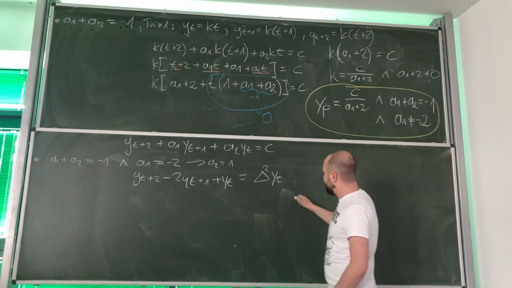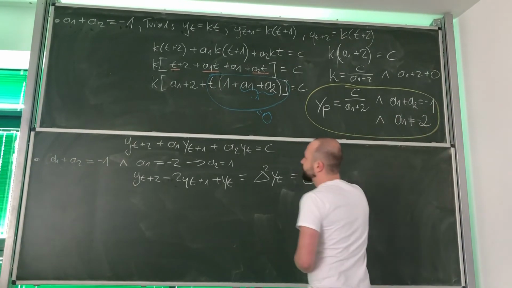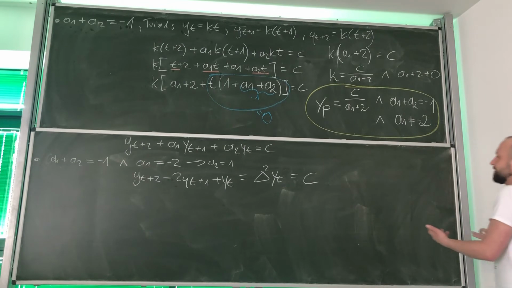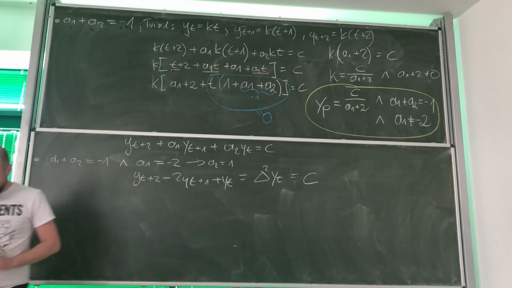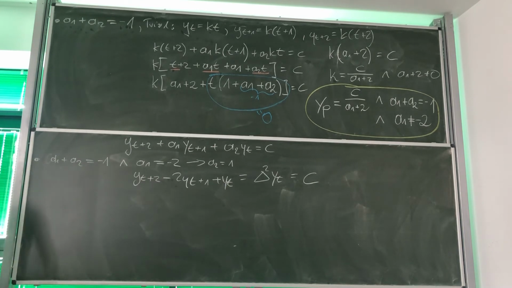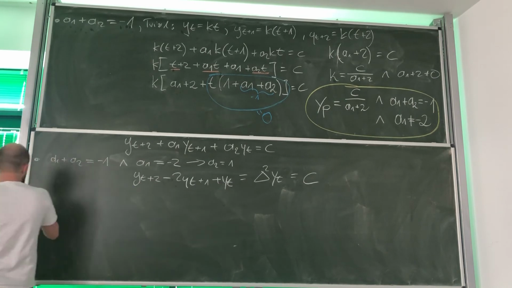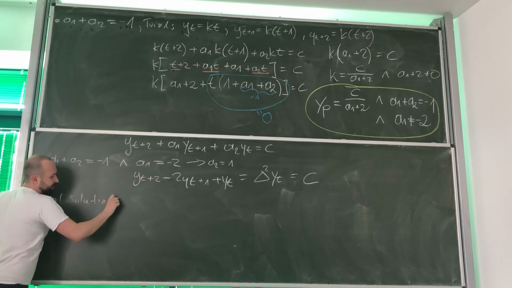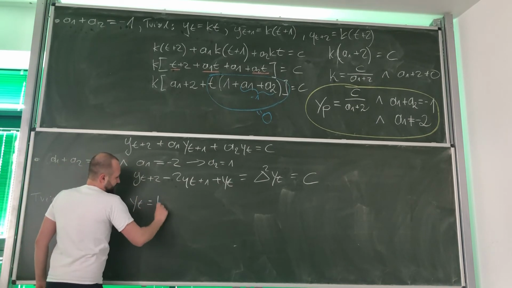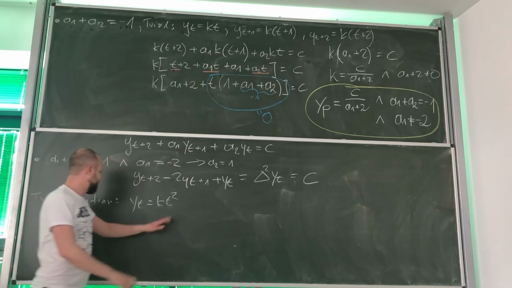Okay? So look, here we have a situation where second differences are equal to some constant. As it turns out, this is also a very specific, not commonly used case, but very important to understand its principles. Okay, so what are we going to try to do now? Of course, we need to try a new trial solution. And our experience is telling us that now probably we should start with squares.